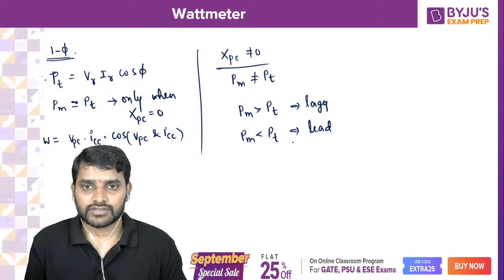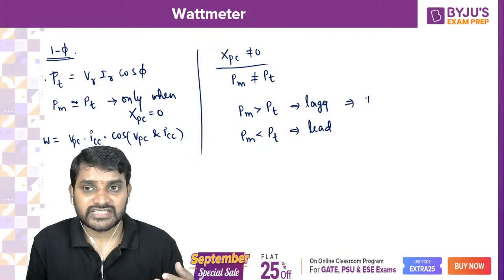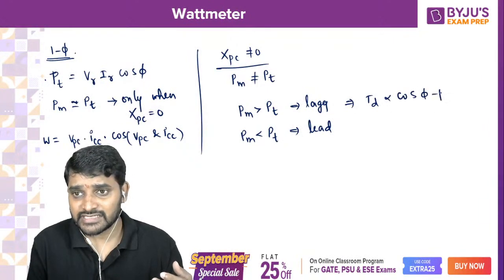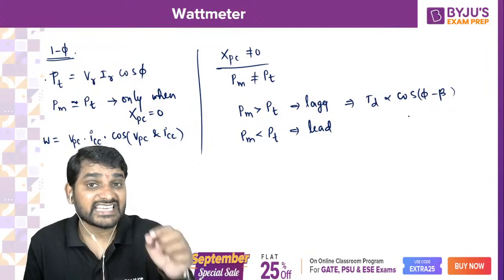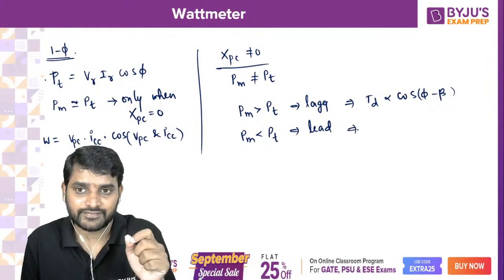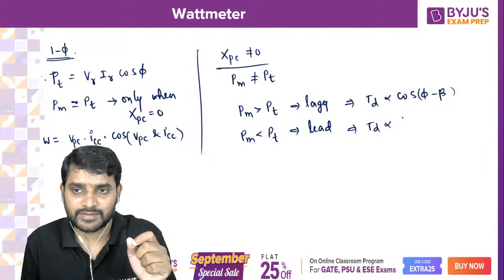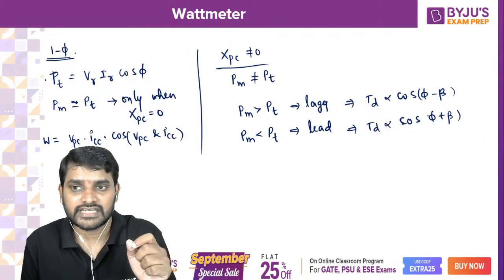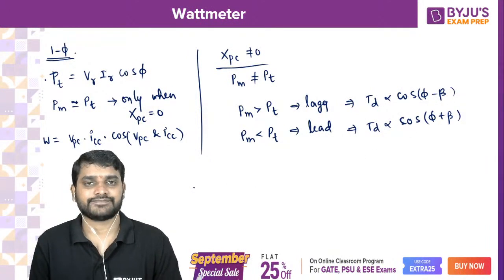If you want me to represent, TD is directly proportional to cos phi minus beta, and here deflection torque is proportional to cos phi plus beta. Beta is the pressure coil impedance angle.